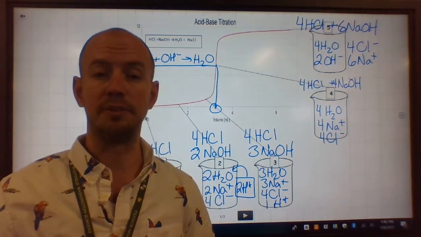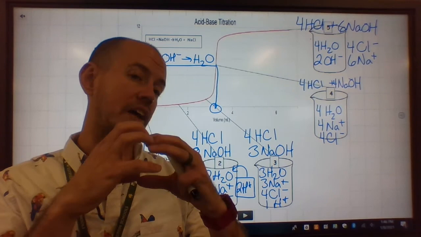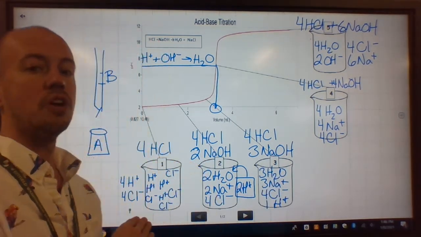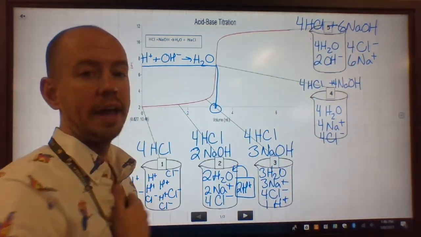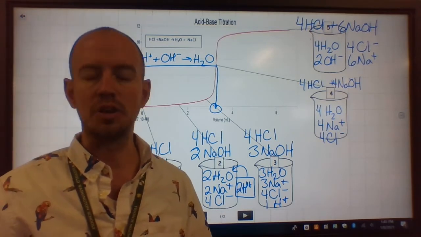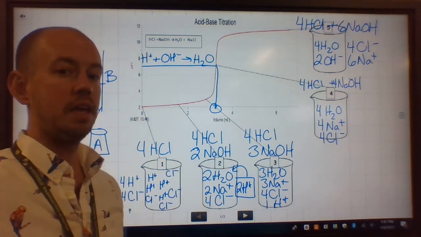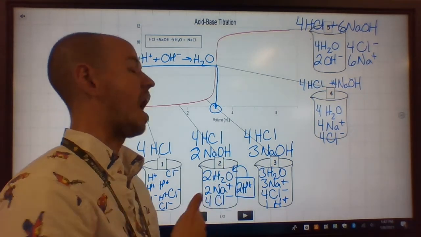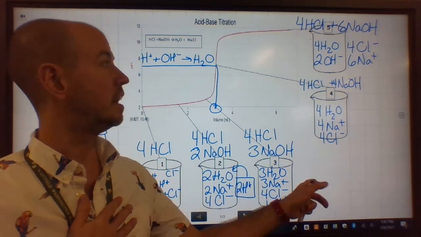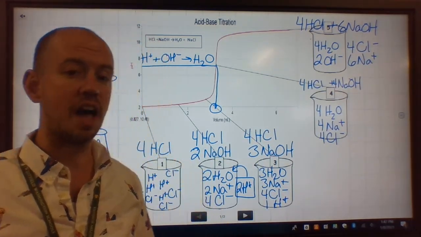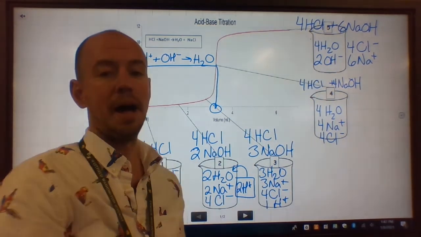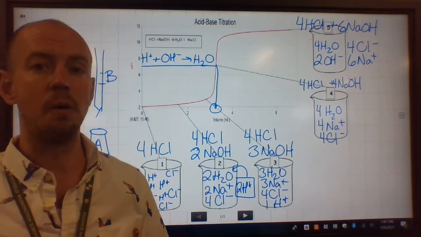We have whatever volume of sodium hydroxide we have added. That's our new total volume. So the moles of chloride never changes, but the molarity does go down a little bit. The molarity of hydrogen ion goes down a lot until we have excess hydroxide, and the molarity of the sodium ion increases as we go.